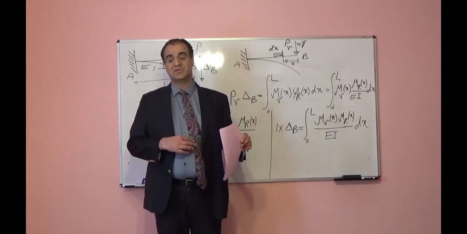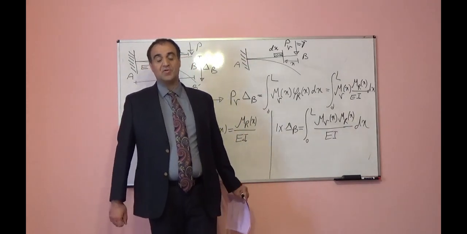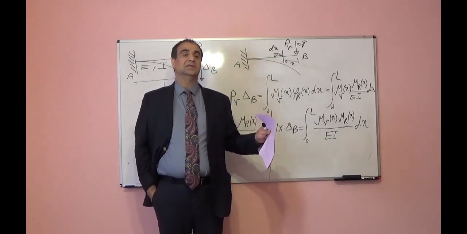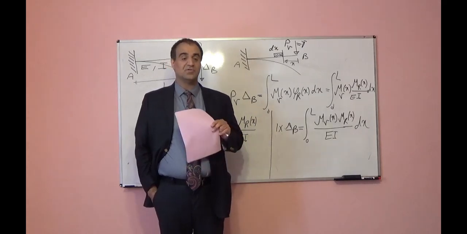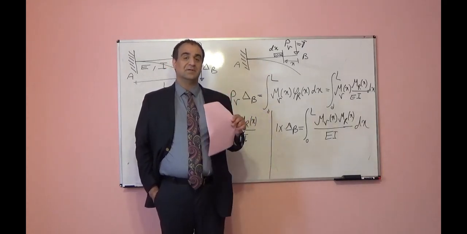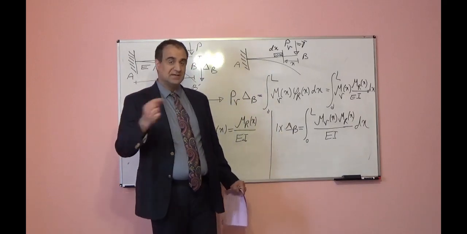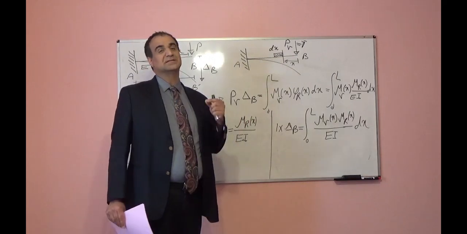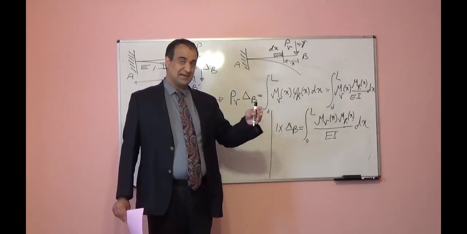So deformation for axial force will be equal to 0. Deformation for shear force in a short beam is a large number, we cannot neglect. But for a long beam, deformation for shear forces, if we compare with deformation because of the bending moment, is a small number. So we can neglect that term.